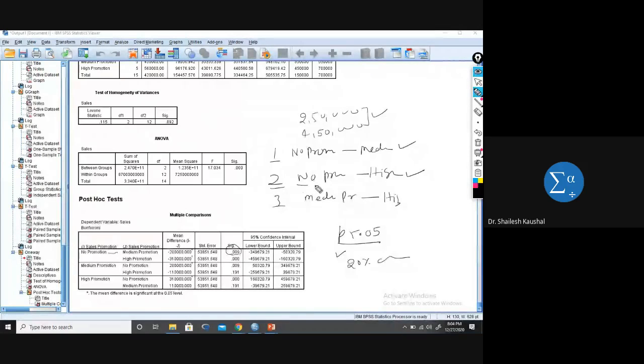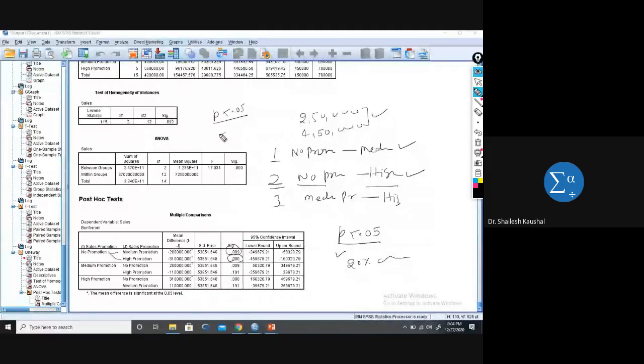Now no promotion and high promotion, if we give the 40% discount, what is the result? Again, its p value is less than 0.05.